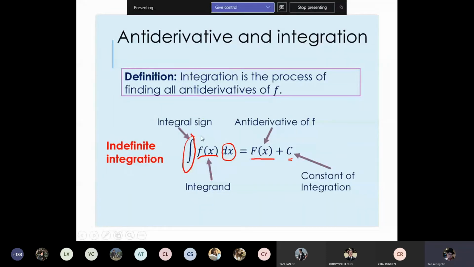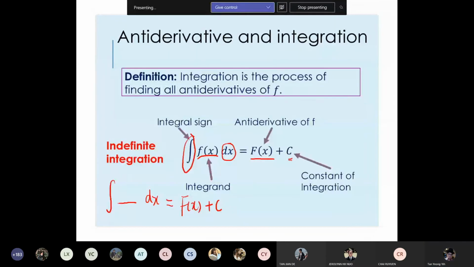Usually we write the integral sign first, then followed by the function, and the dx tells us that we want to integrate on x. If you want to integrate on y, it will be dy. If on u, it will be du. Then equals, write the answer plus the constant. I will explain the constant later.